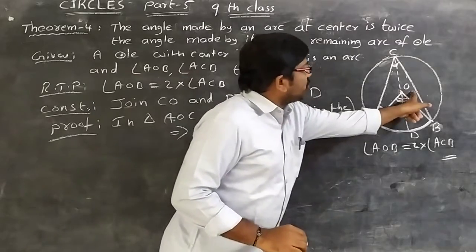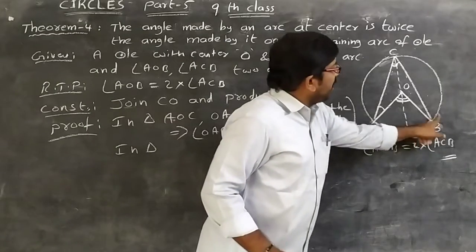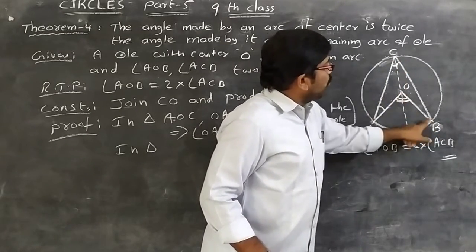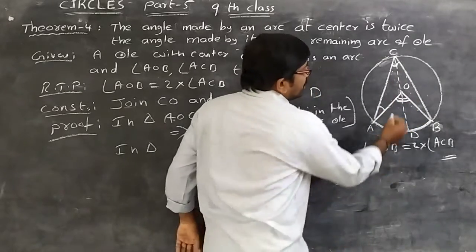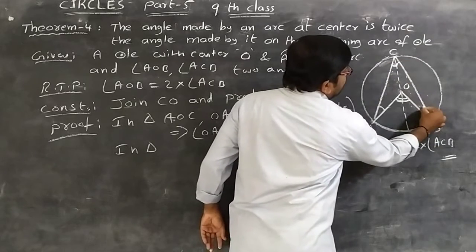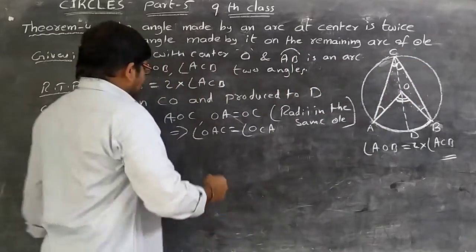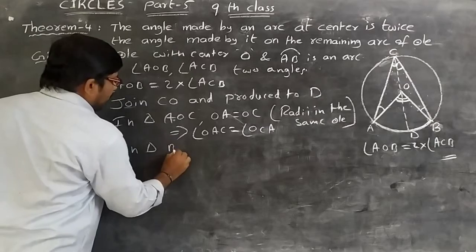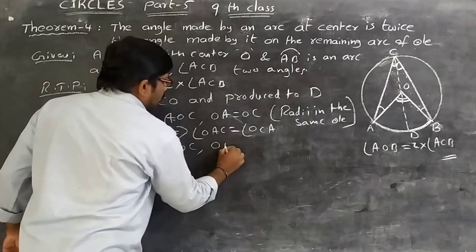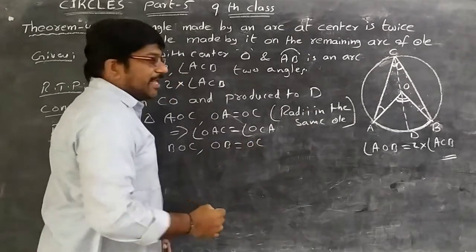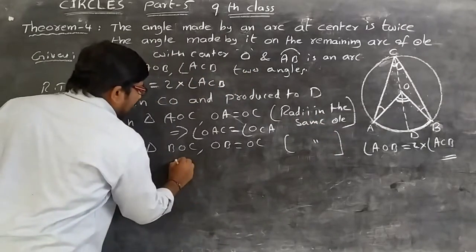In the same way, in triangle BOC, OC is equal to OB, radii of the same circle. Then their opposite angles are also equal.